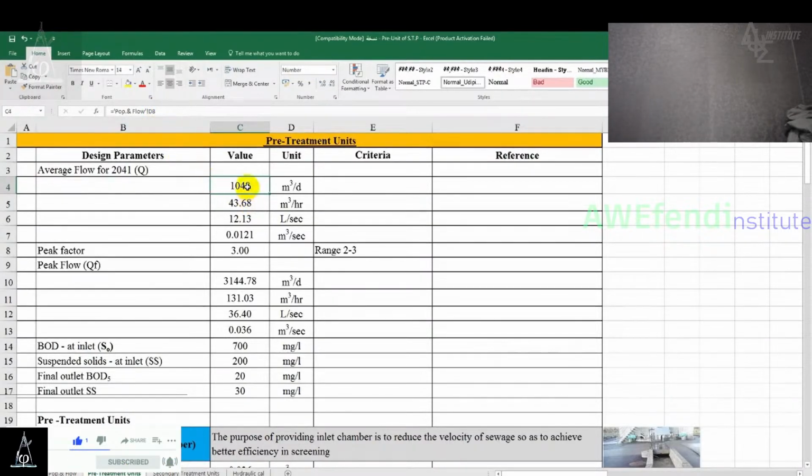and convert this figure to the other units like these cells. To convert the flow to cubic meter per hour, we can write this equation: equals this cell divided by 24 hours.